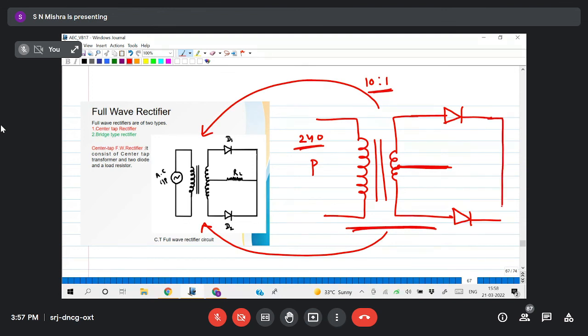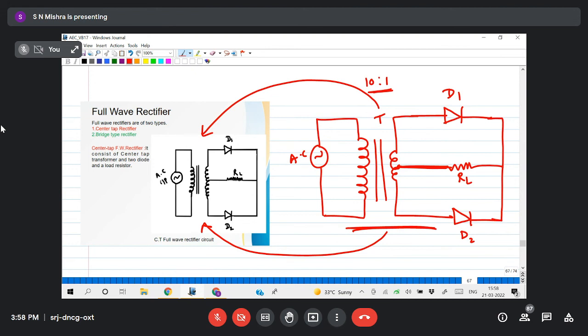Then you join these two, and in between you put a load resistor. So this is the circuit. This is D1, this is D2, this is a transformer, and AC is given here. Okay.